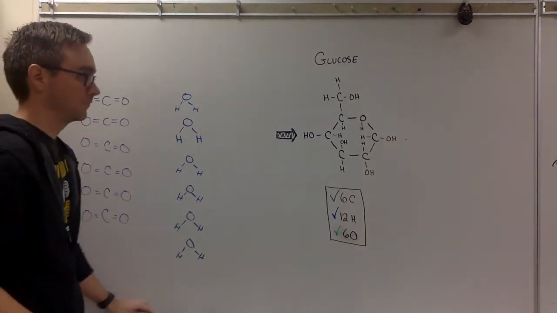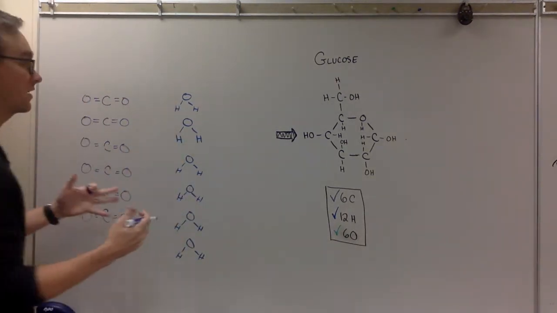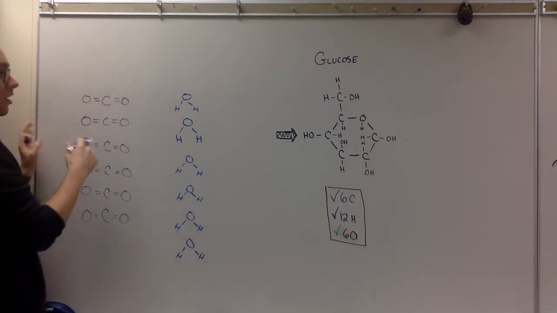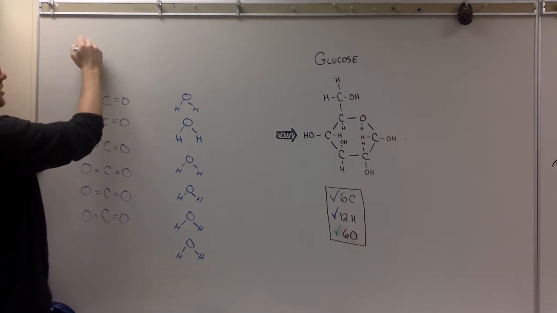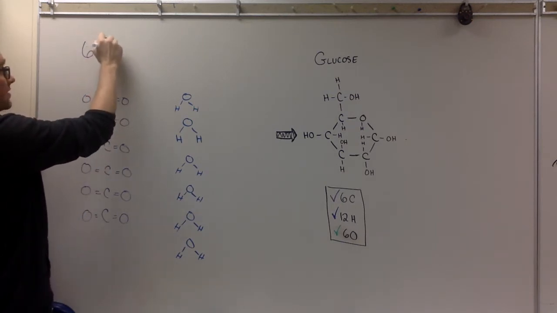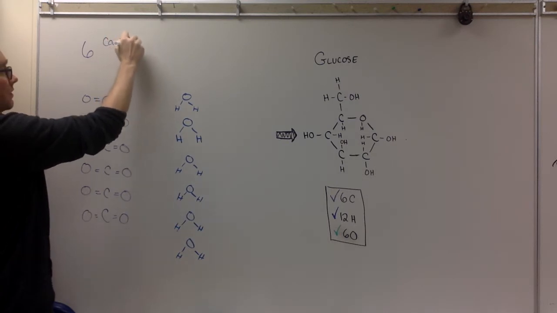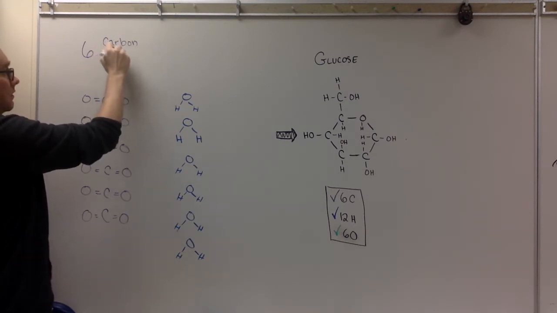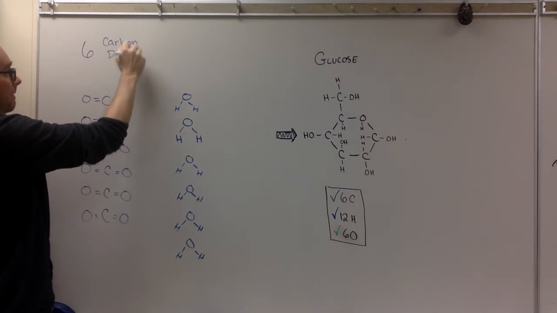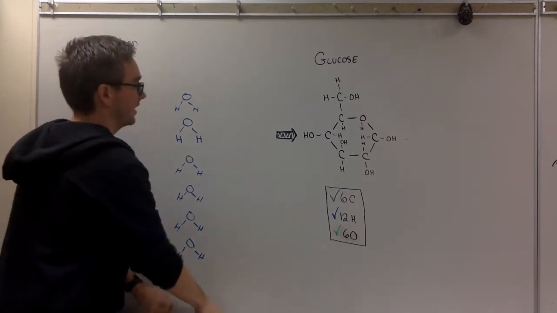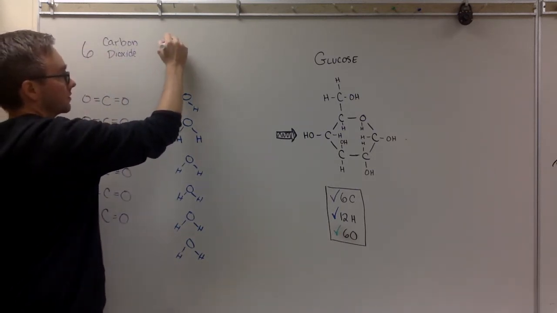So just to get the right number of carbons and hydrogens, I needed to use 6 carbon dioxides. I had to use 6 waters.